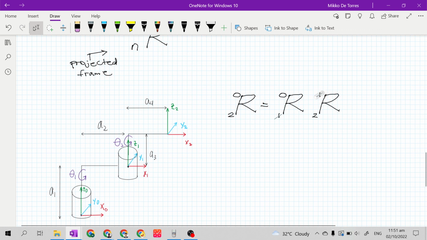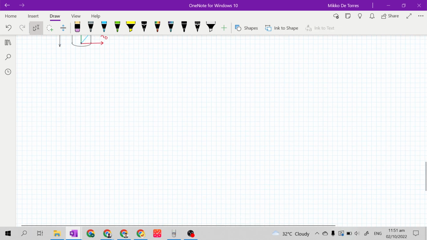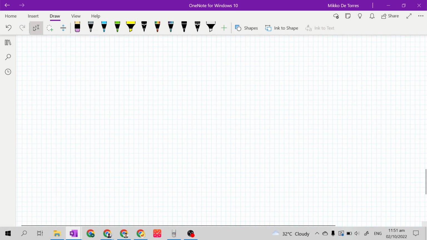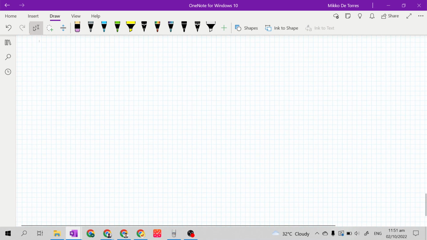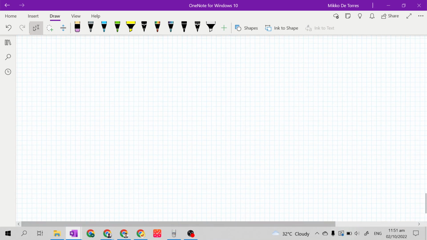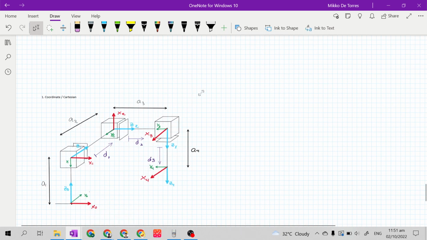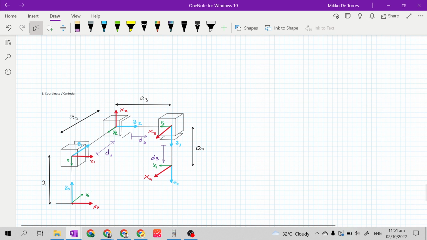The same applies to a mechanical manipulator with too many frames. For example, we have here a Cartesian manipulator with 5 frames. The rotation matrix is described as R04.